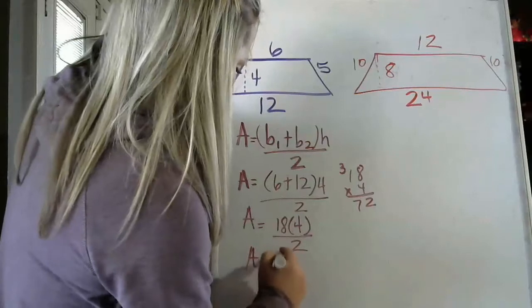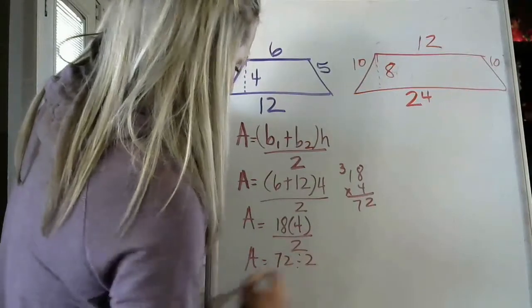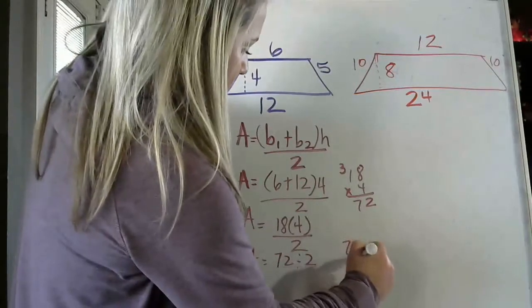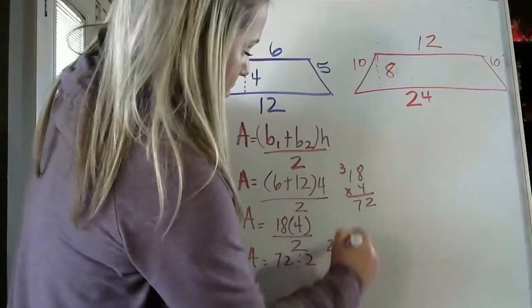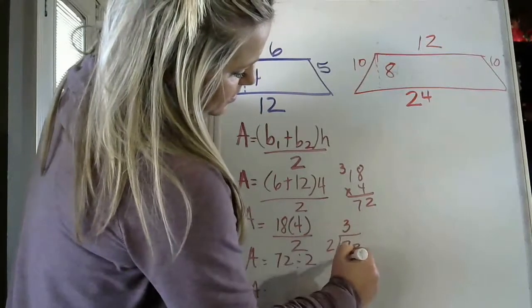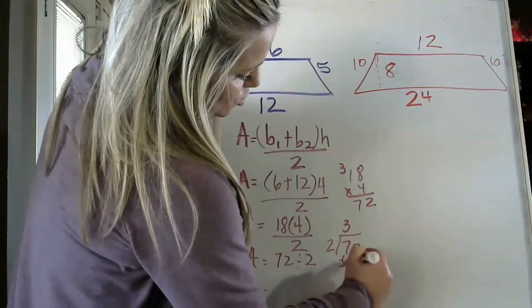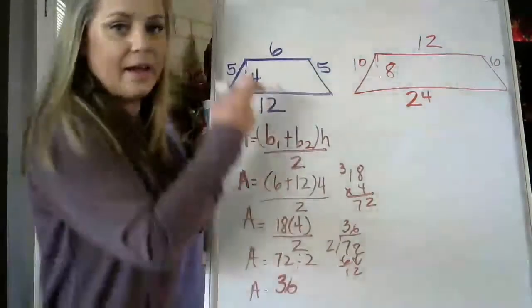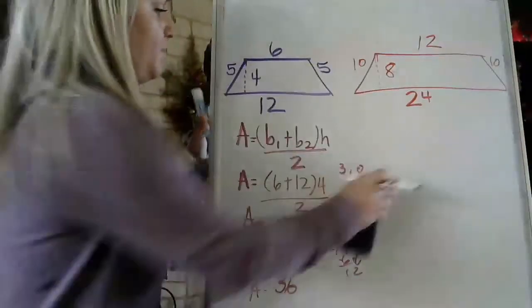So area is 72 divided by 2, which is 36. So the area of this trapezoid is 36.